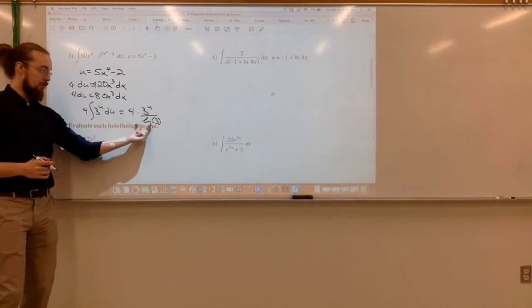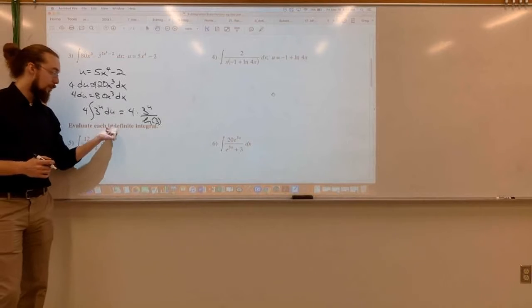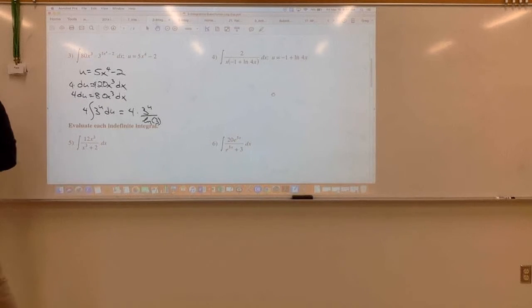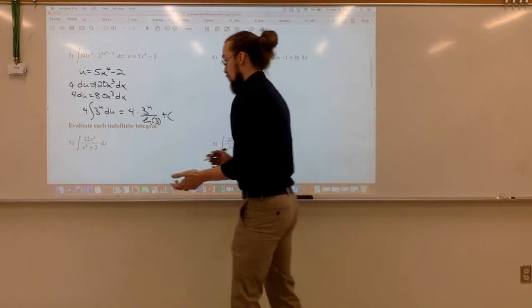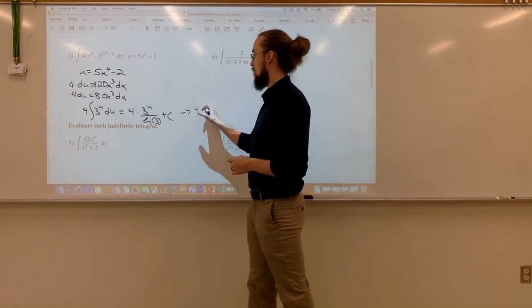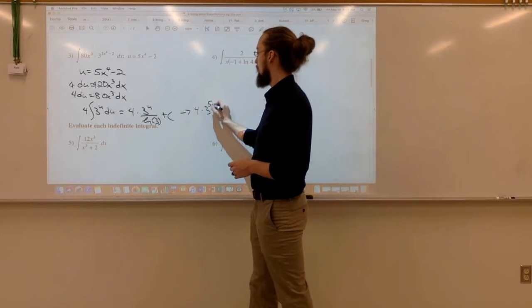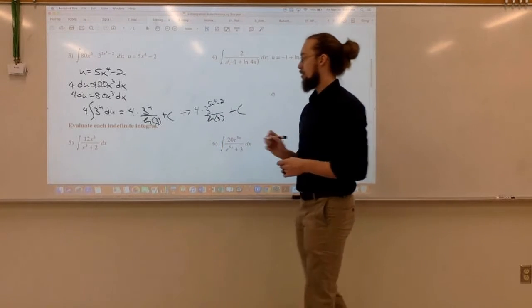So when we're going backwards, if there isn't a natural log of 3 here, we would have to divide by natural log of 3. And then plus c. So plugging my u back in, this would just give us 4 times 3 to the 5x to the 4th minus 2 over natural log of 3 plus c.